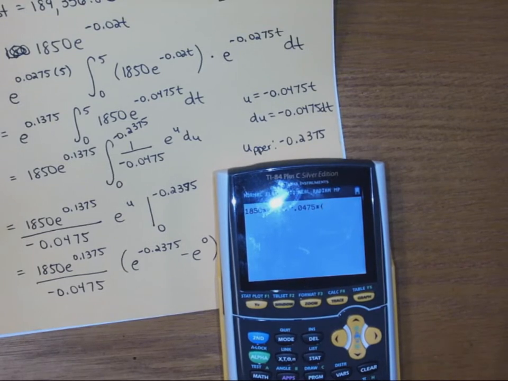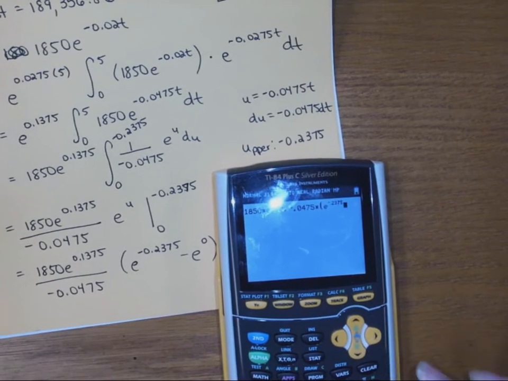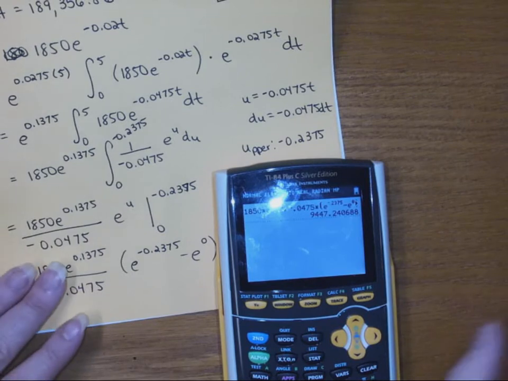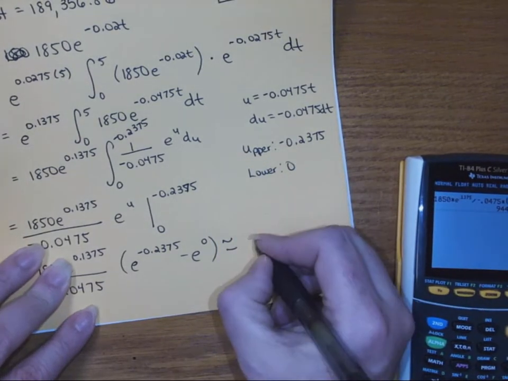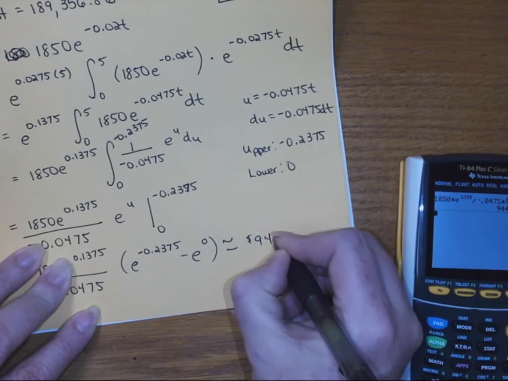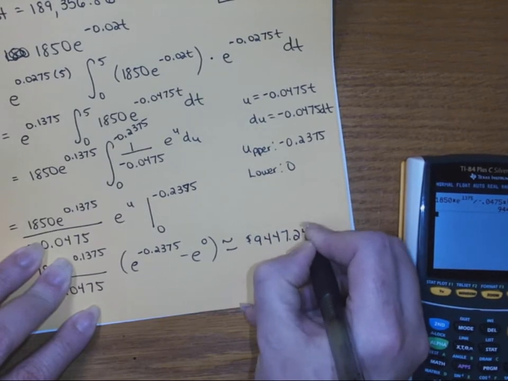And then times parentheses e raised to the power of negative 0.2375 minus e to the 0. Notice I'm not cleaning up anything. I'm just punching it in just like it says. Okay, and then I'll get the answer that's on the key, which we round to the nearest penny. So it's about 9,447.24.